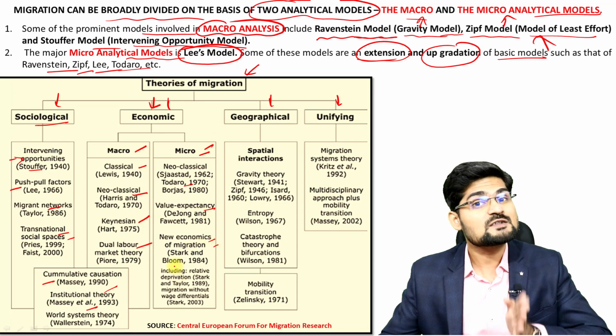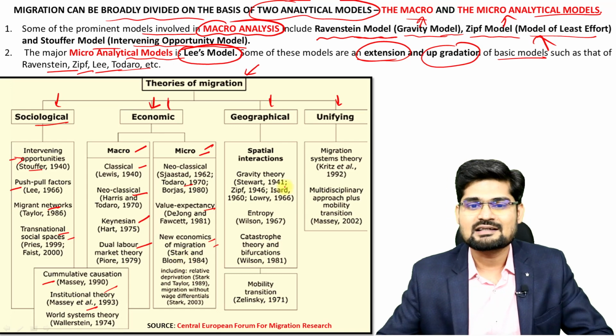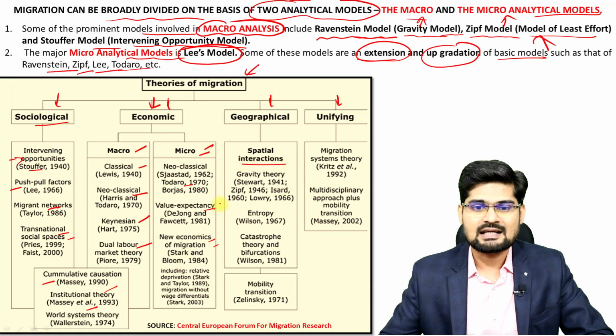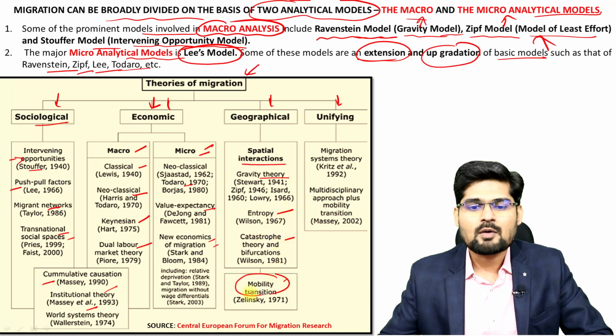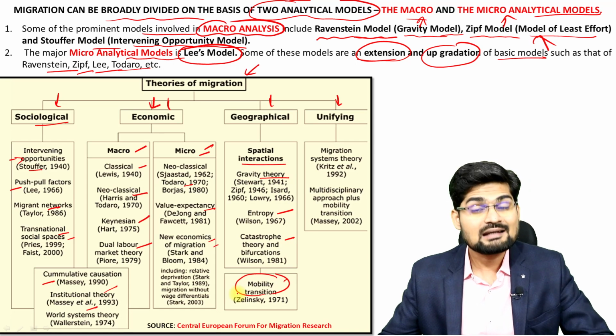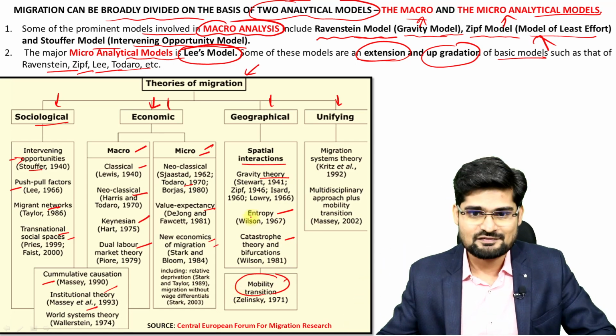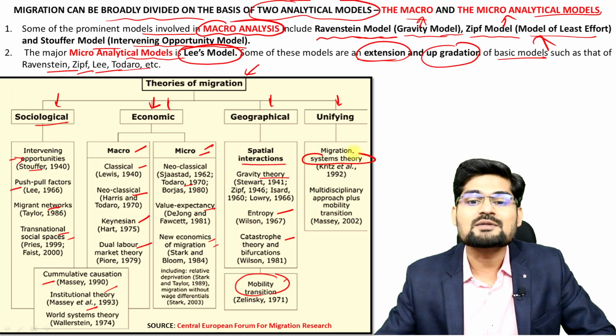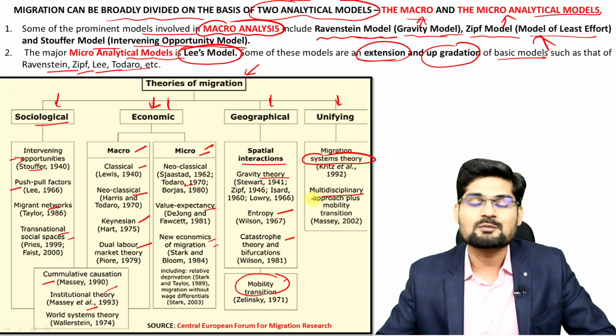Then if you look into the spatial analysis, the geographical theories, you'll find out the interactions, right? So where gravity theory is very important, entropy theory, catastrophe theory and several others. Then you also have mobility transition models. And there are certain unifying theories of migration where you find systems approach being applied, multidisciplinary approach being applied.